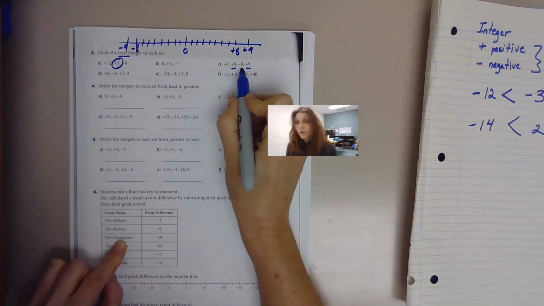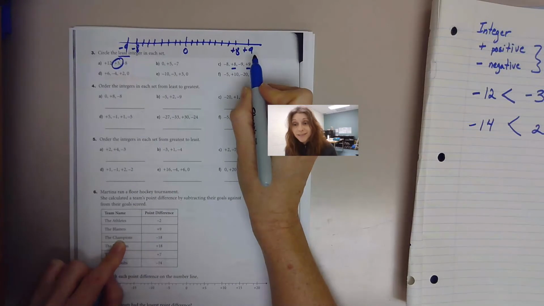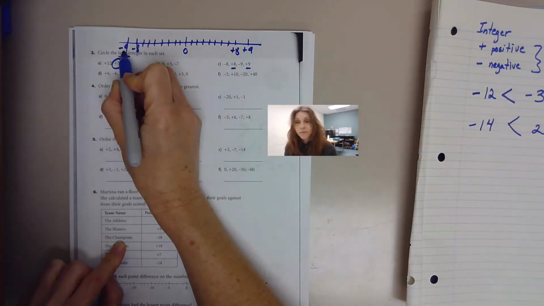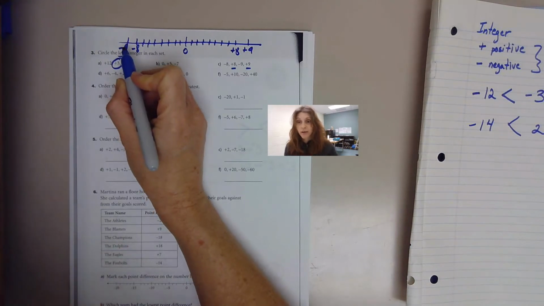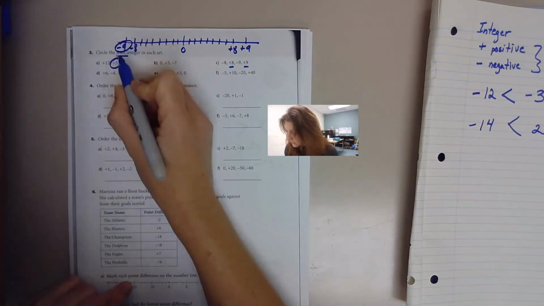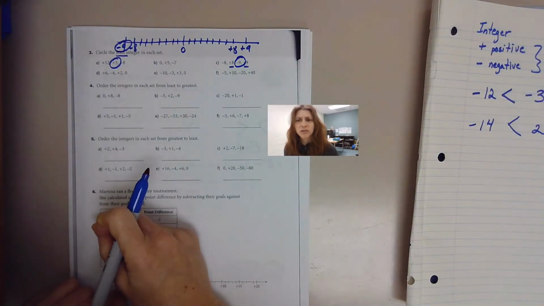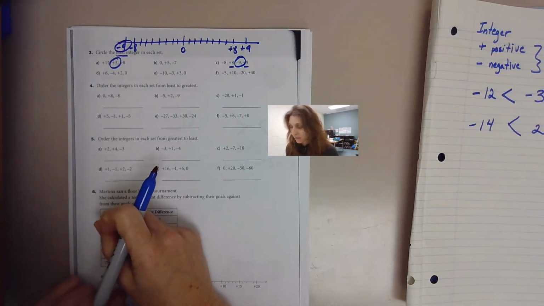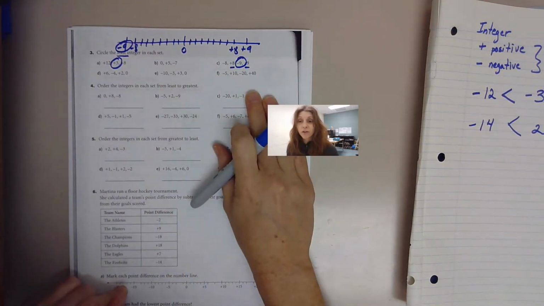So there's all 4 of those integers listed up here on our number line. Which one is the least? This one, the one furthest to the left. Left, least. Think of the 2 L's. Okay, so negative 9 is the winner, or the loser. It's the least. Okay, you're going to do D, E, and F all on your own.